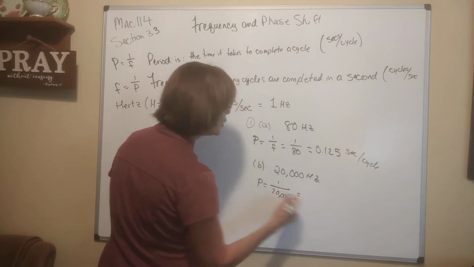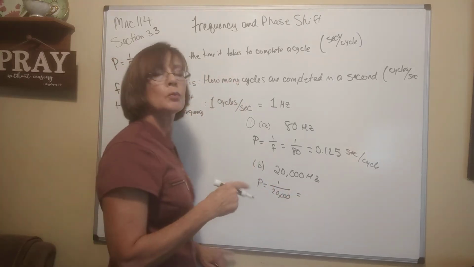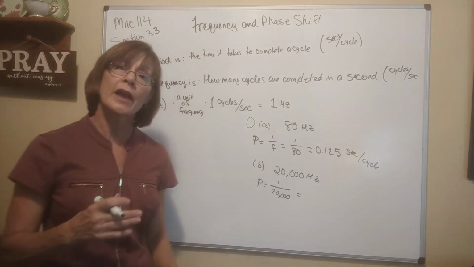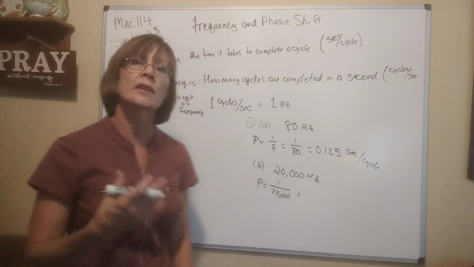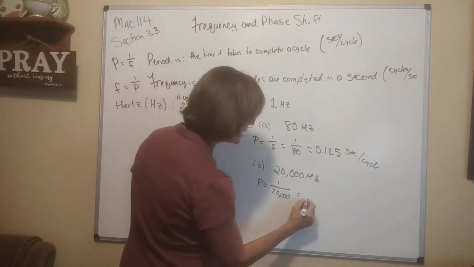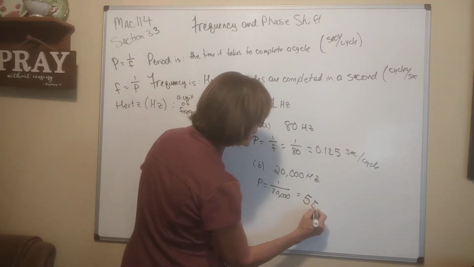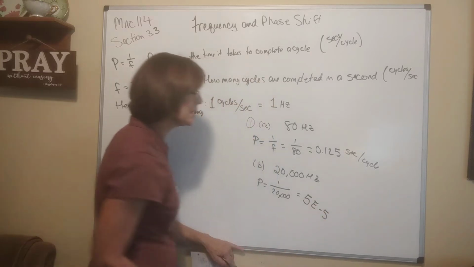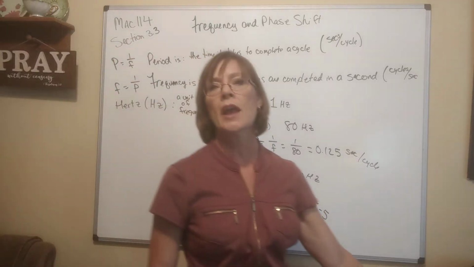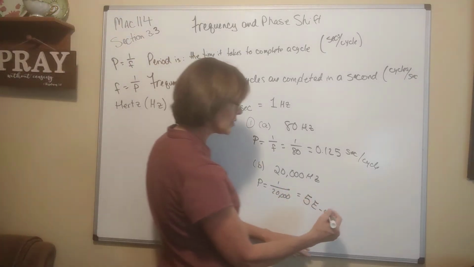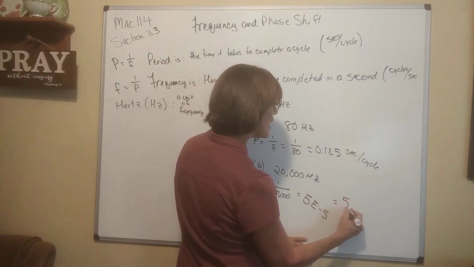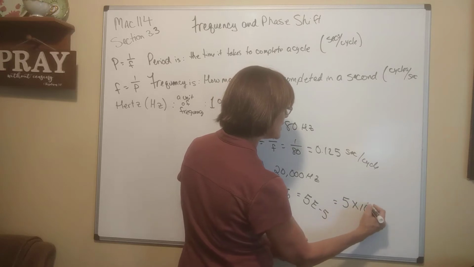When you put that in your calculator, I just wanted to point this out: your calculator might kick into scientific notation, so I want to make sure you know how to interpret this. You might get 5e minus 5, and you might think that means an error of some sort. However, it doesn't. It means it's kicked into scientific notation. So you interpret this as 5 times 10 to the negative 5.